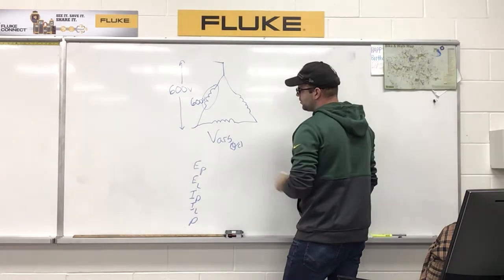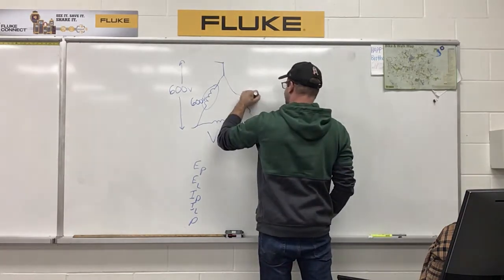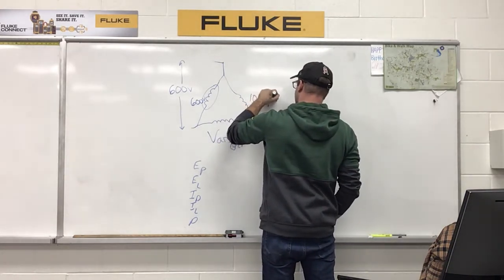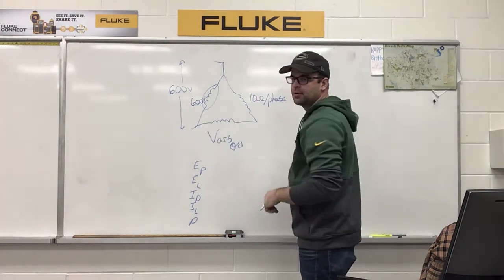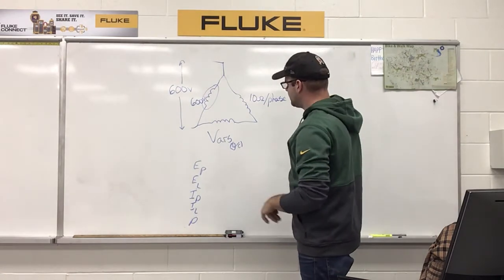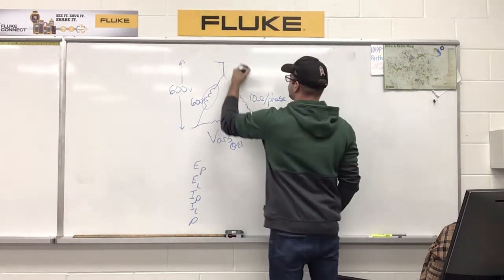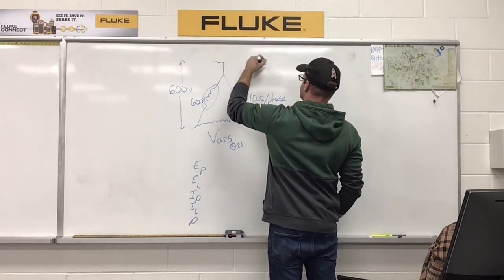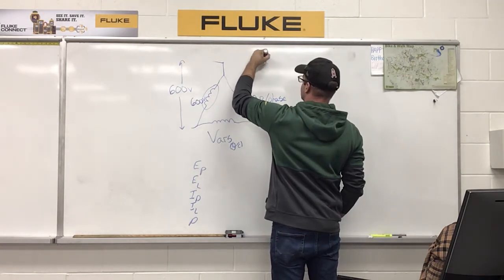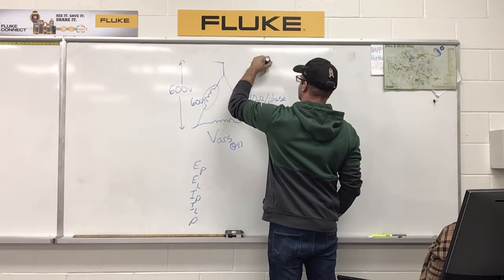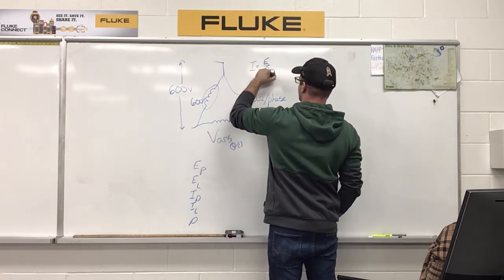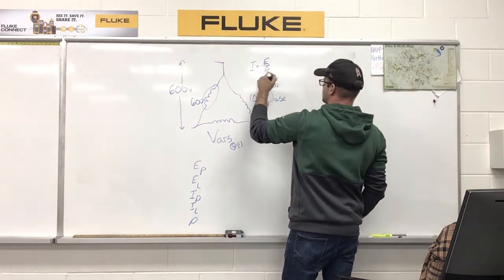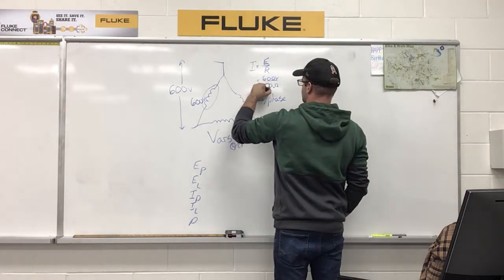And let's assume we have 10 ohms per phase. That's 10 ohms there, there, and there. So when we go to break down and look at each phase individually, as we know, volts divided by resistance is equal to current. So 600 volts divided by 10 ohms gives us a current of 60 amps.